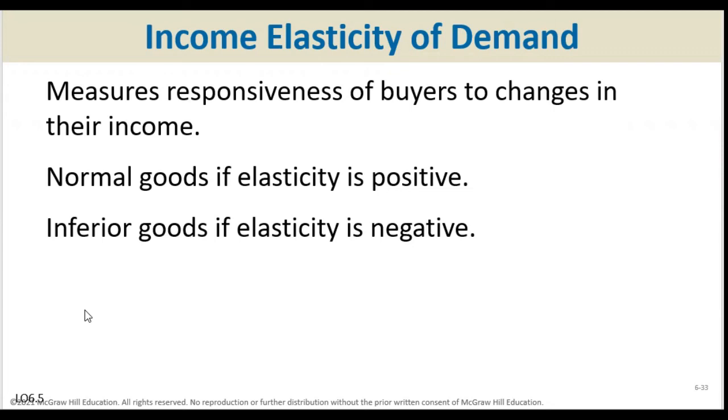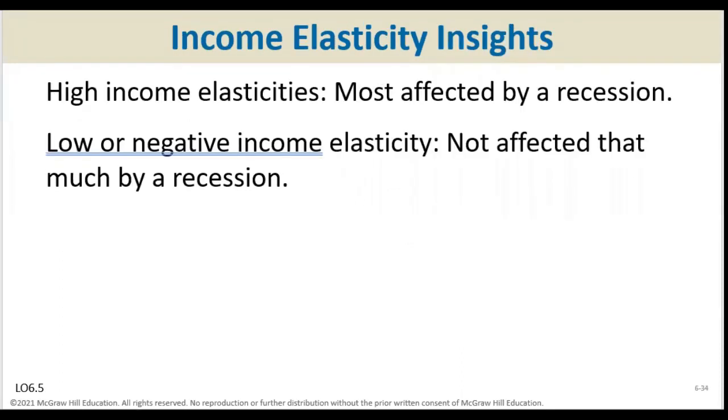Consumers decrease their purchases of inferior goods when their income rises, but for normal goods, they increase the quantity purchased when income rises. Income elasticity helps us better assess which product and industry will be most affected when household income falls, due to a recession, for instance.